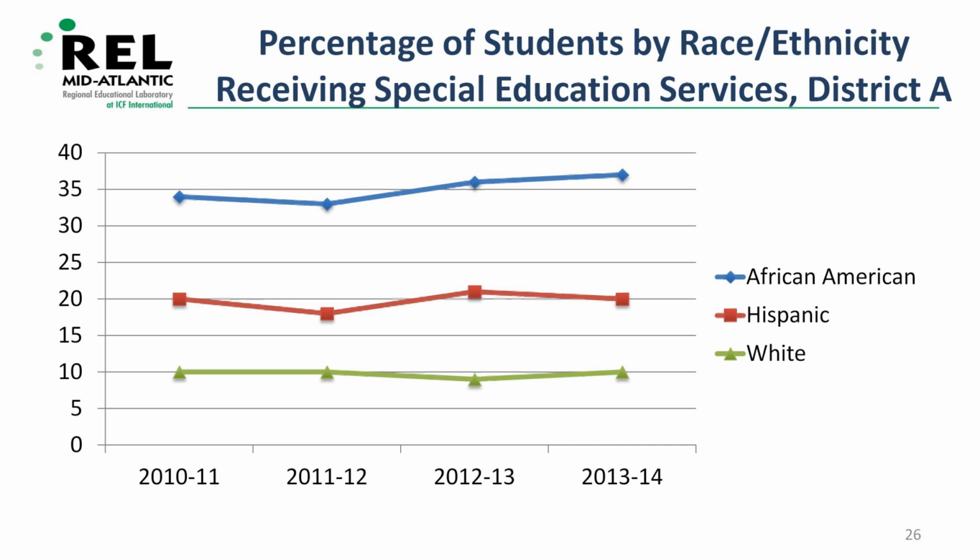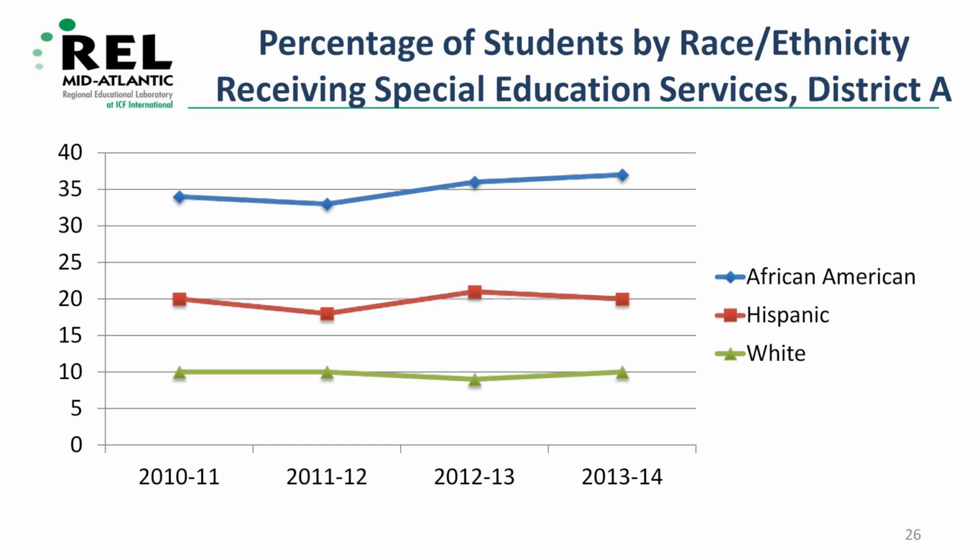And I love trend analysis so that you get the big picture. But here's one thing, and I remember this from Texas. We were looking at percentage of students by race, ethnicity who receive special ed services. This one district always had just an incredibly high number of special ed students compared to other districts. And the first time I saw it, I panicked.